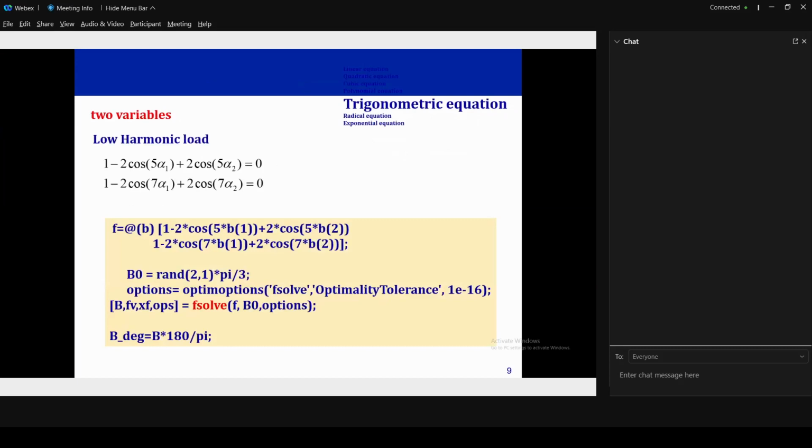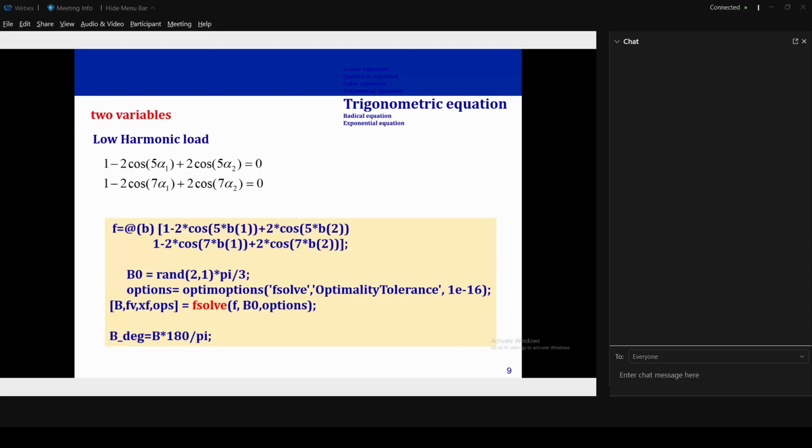If we have more than one variable, then we can solve those types of equations using fsolve as the optimizing solver. When we have one equation and one variable, we use solve. But when we are dealing with more than one equation or variable, what do we do in general?